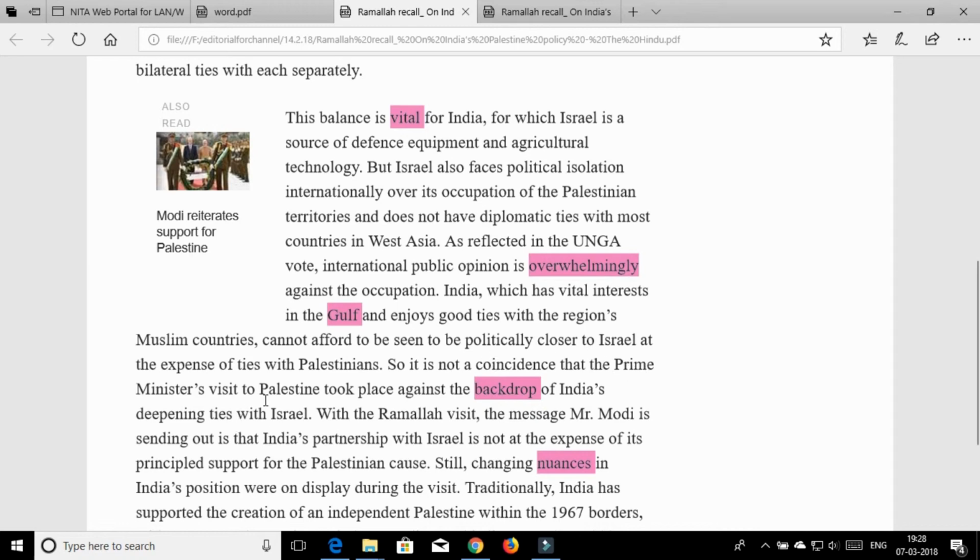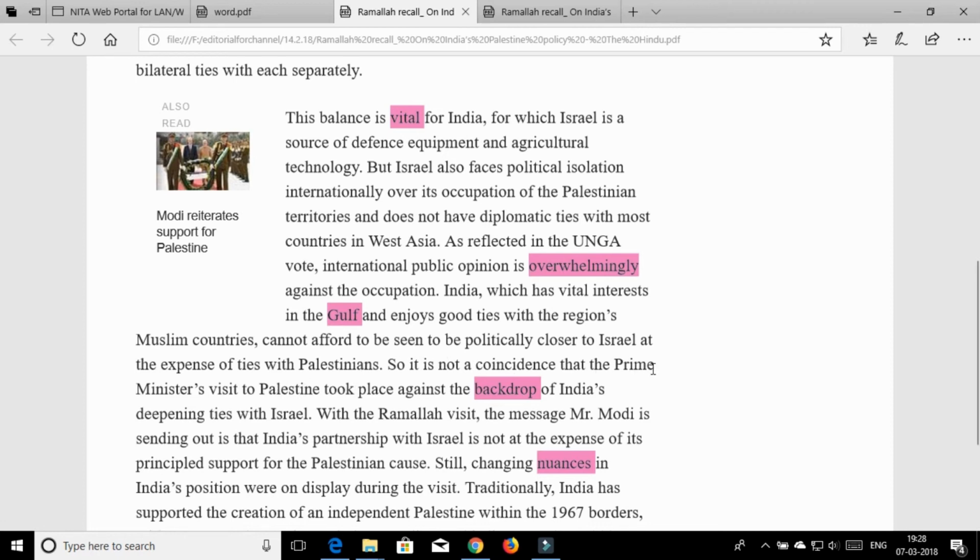Means it took place against the past events of India's deepening ties with Israel. Means in the past India had a very good relationship with Israel, and now India is trying to have a good relationship with Palestine.